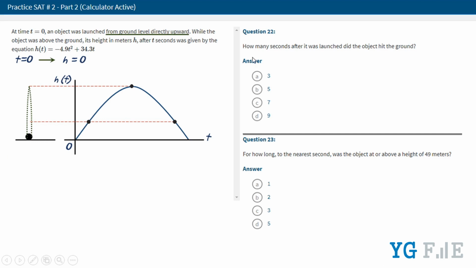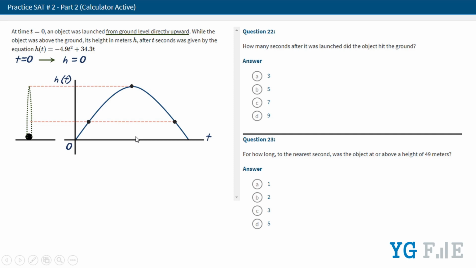The first question: how many seconds after it was launched did the object hit the ground? So we want to know the duration from when the object was launched until the object hit the ground again. When the object is at the ground, it means that the height of the object is 0. From this graph, we know that we have 2 points when the height of the object is 0.